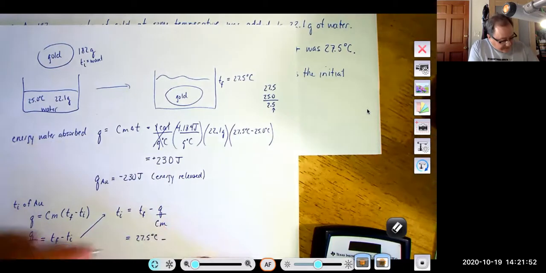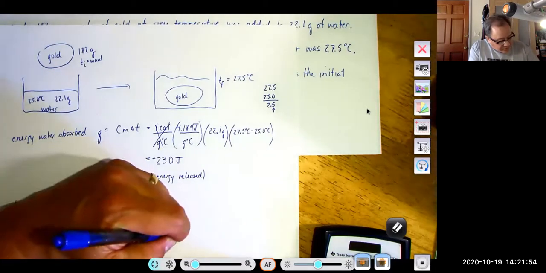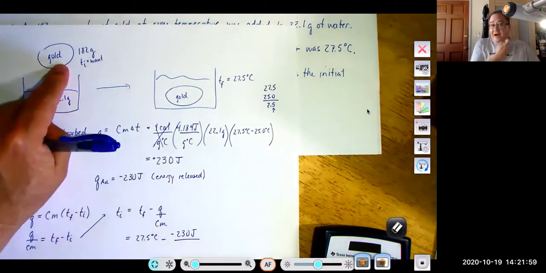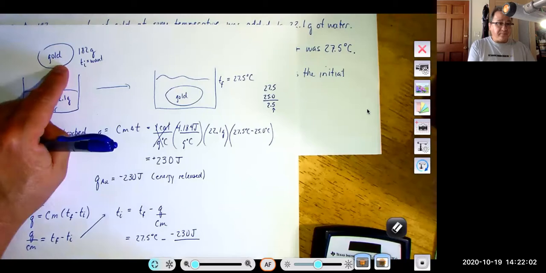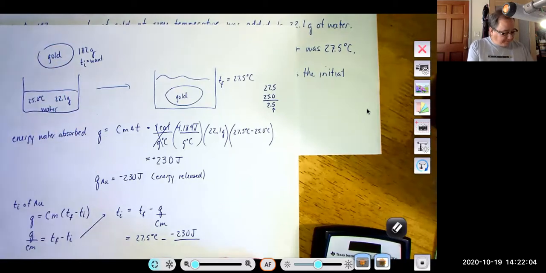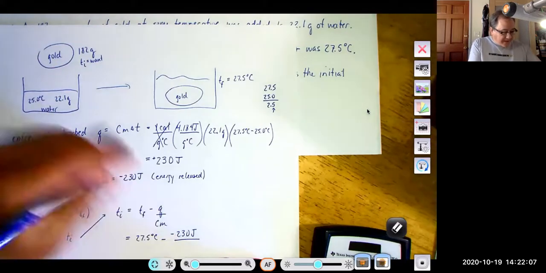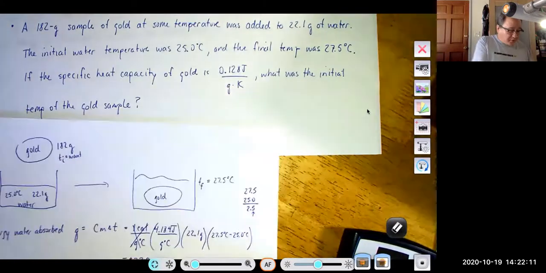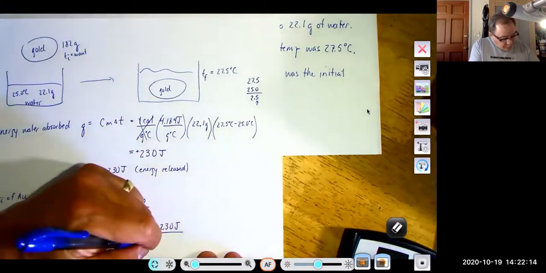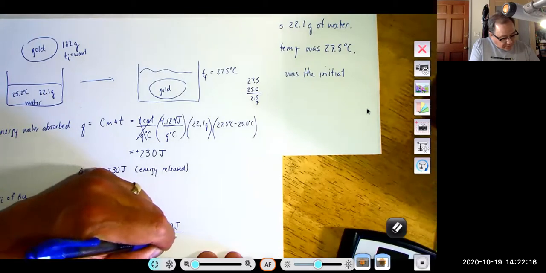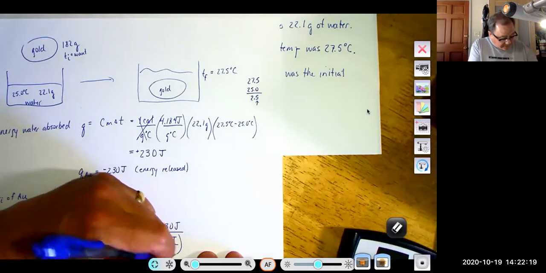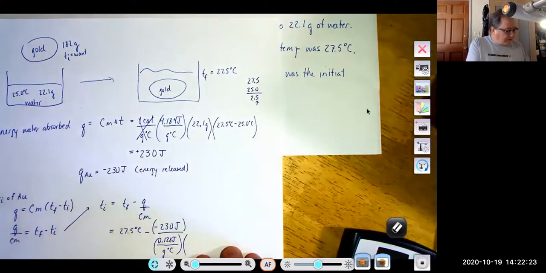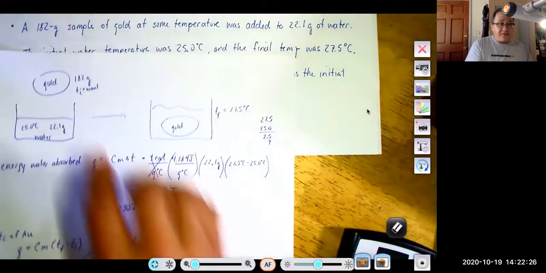Q is negative 230 joules. And remember, we expect that initial temperature to be higher than the final temp, right? Because the water warmed up. Okay, specific heat capacity of the gold, we are given as 0.128 joules per gram Kelvin. 0.128 joules per gram degree Celsius is what I'm going to write. And then the mass of the gold was 182 grams.